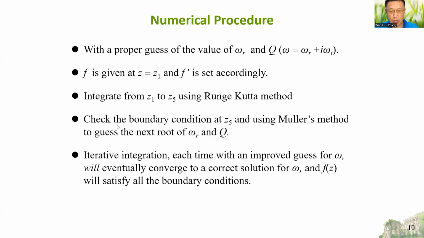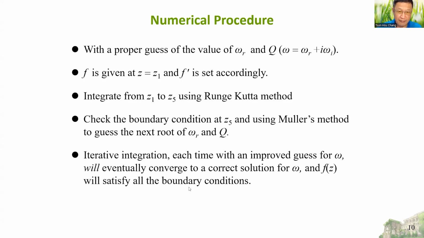And then we check the boundary condition at z5 using Muller's method to guess the next root of omega r and q. And then do the iterative integration, each time with an improved guess for omega, and it will eventually converge to a correct solution for omega. And f of z will satisfy all the boundary conditions.